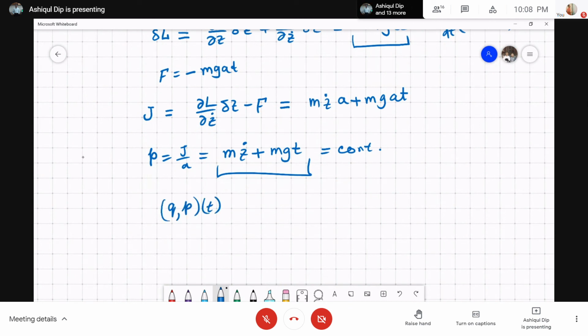If we can find a transformation relation that converts those into Q naught and P naught, the initial data, then we have a relation between the initial data and the data at time t. That's basically the solution as well. This is kind of the generating function S. We'll see it at a later time.